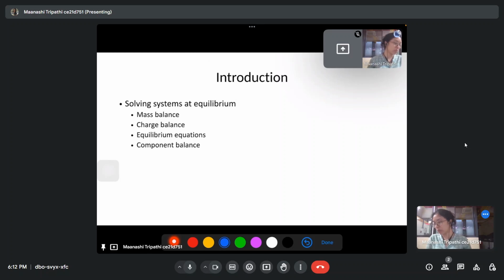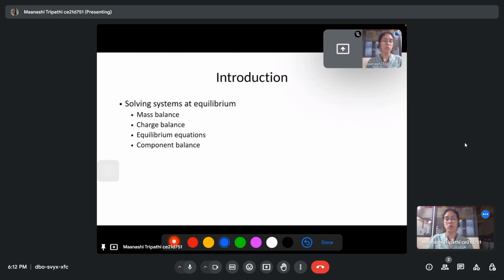The first and most important thing that we will use in the whole of environmental chemistry is that we will solve certain sets of equations, either manually, or we can use MATLAB, Excel programs, or there will be one software usage also, Visual MINTEQ, so that we will see in future.